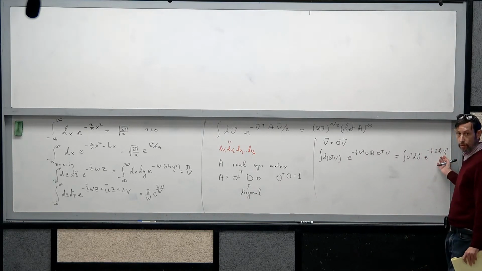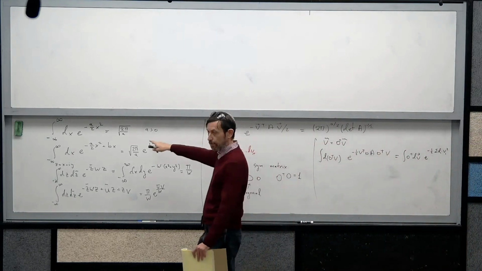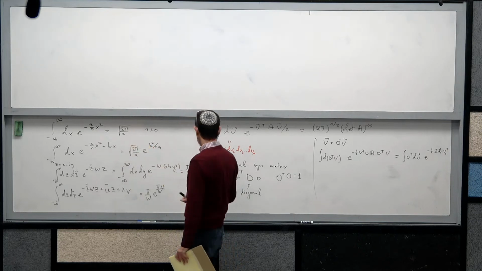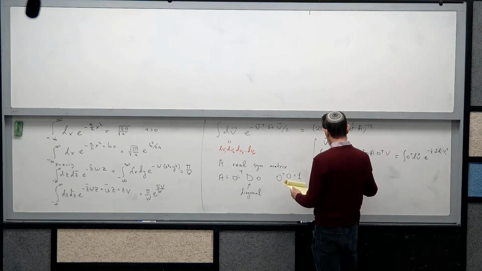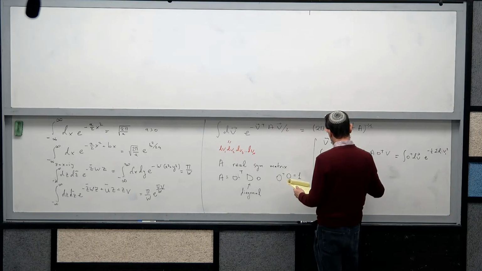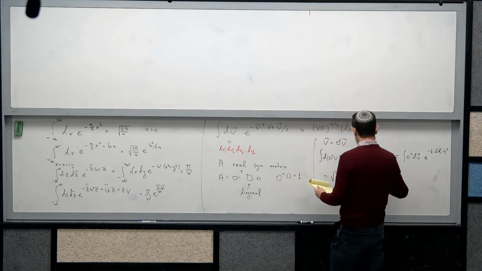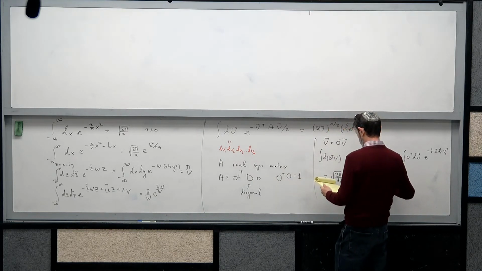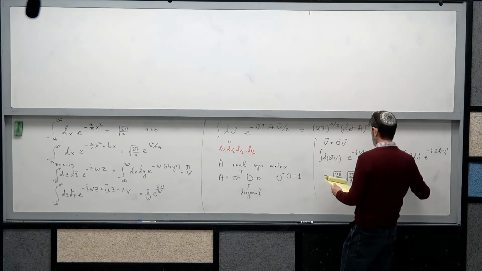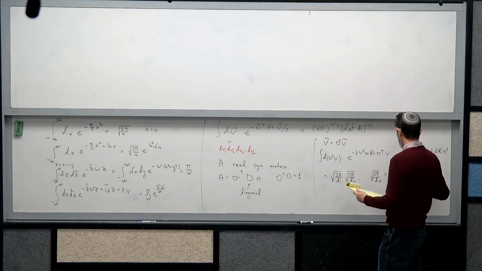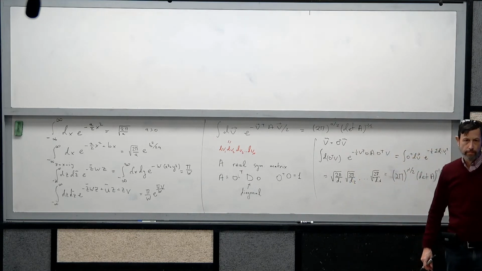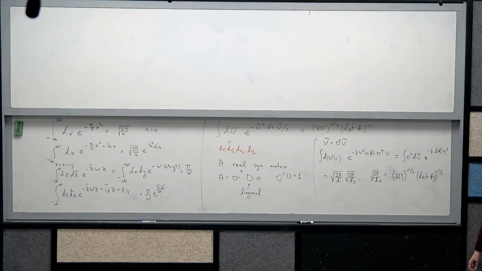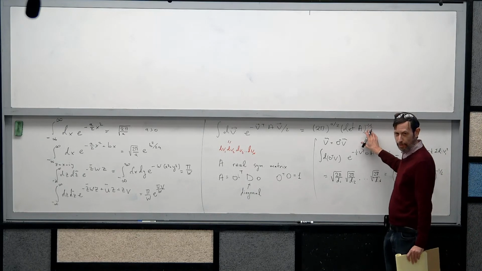Okay, here we have just a set of Gaussian integrals of the type built here. Okay, so that's why this is correct.